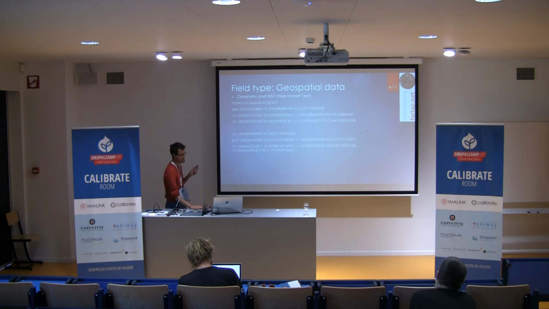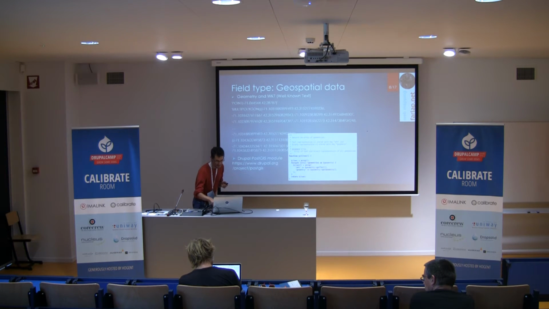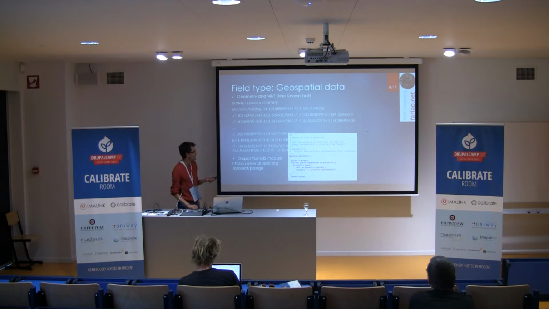So this is really interesting because it's very readable, and it allows you to interact with the geospatial data, to add stuff, to remove stuff, to edit stuff. And the good thing is that the PostGIS module has a lot of functions, but one function shows very well how you can access this data.